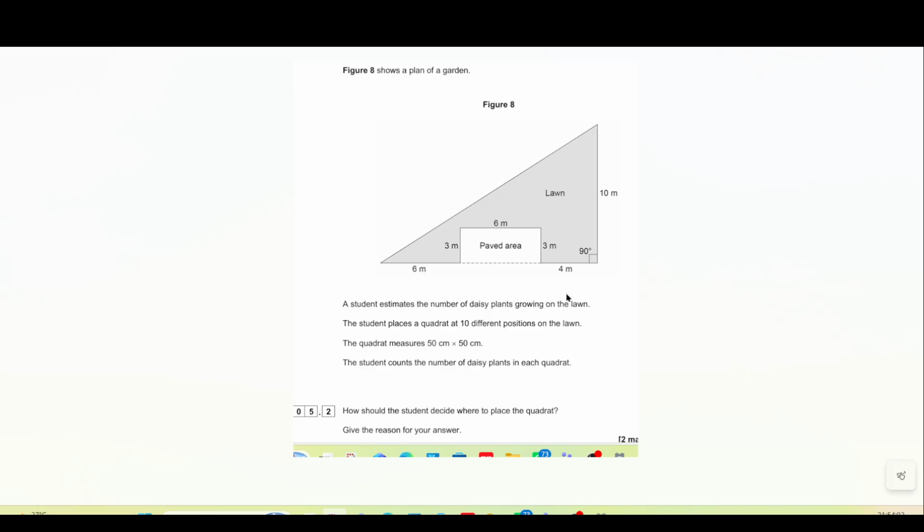The student should decide randomly where to place it to get the most accurate result. Yes, you should ensure the sample is representative of the entire lawn area, which makes the estimate more accurate, right?